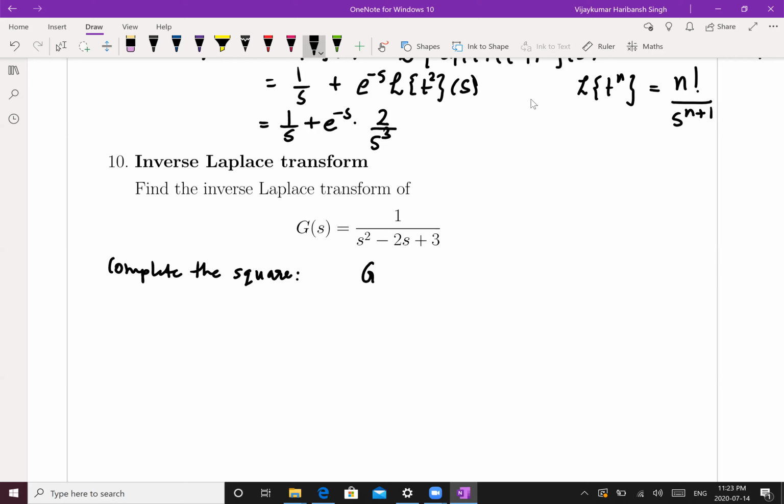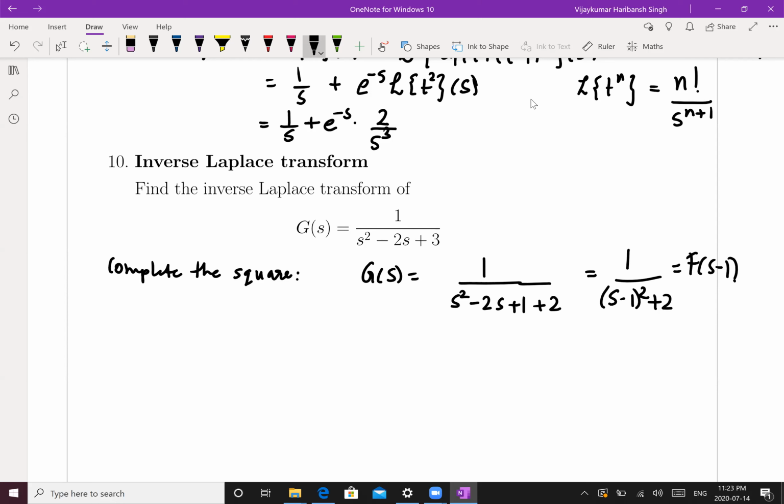So we get G of s equals 1 upon s squared minus 2s plus 1 plus 2, which is the same as 1 upon (s minus 1) squared plus 2, which is the same as F of s minus 1.